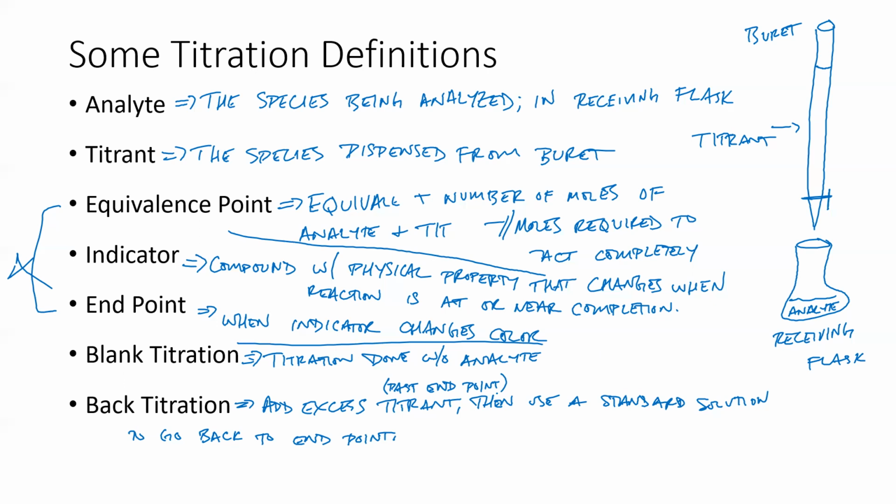So if you're titrating a weak acid with a strong base, you're going to go past, add too much base, and then titrate it back with a strong acid so that you can actually see that endpoint, and you can be confident that you're hitting it exactly where it needs to be. Okay, so back titration, a technique that's sometimes useful, especially if we have an unclear endpoint.